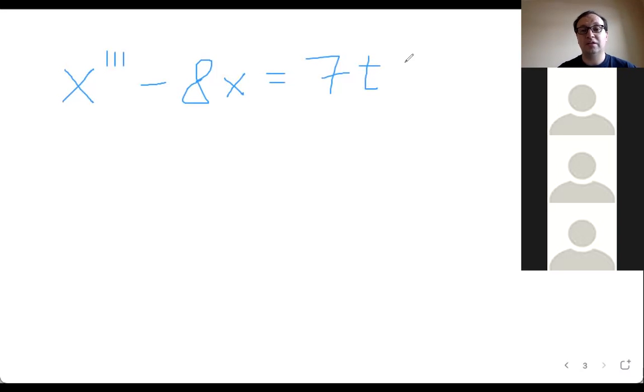So here x is a function of t. x depends on t.